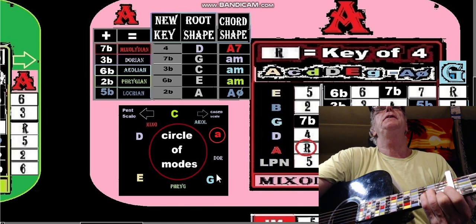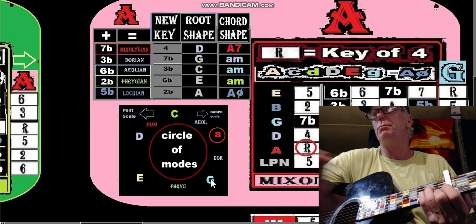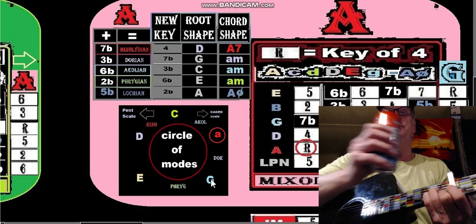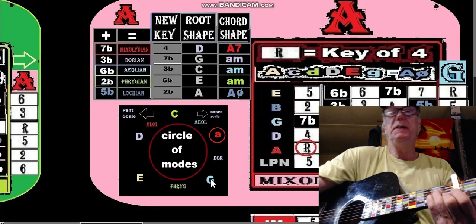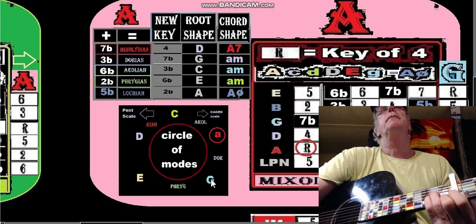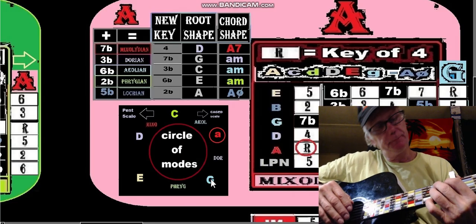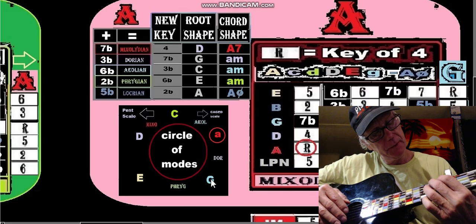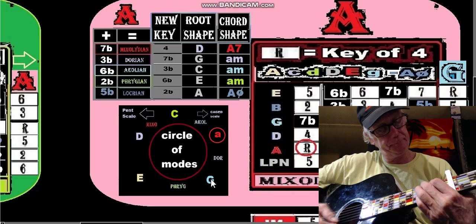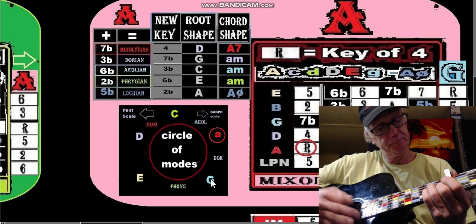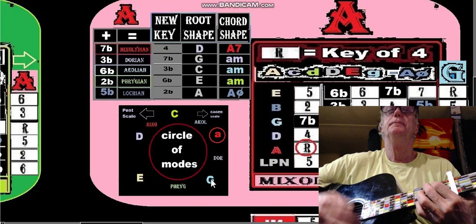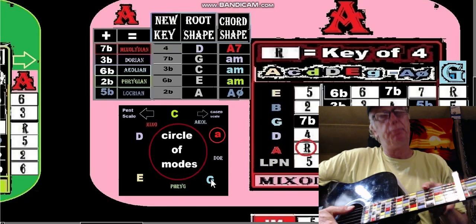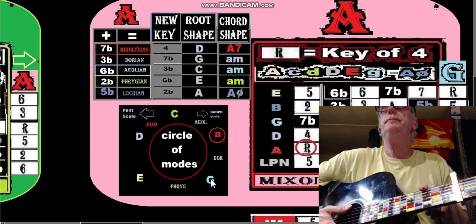Now, if we go to the G shape, this is how easy, this is brainless stuff. It makes it easy. If we go to the G shape here, now there's a black note there. Why?